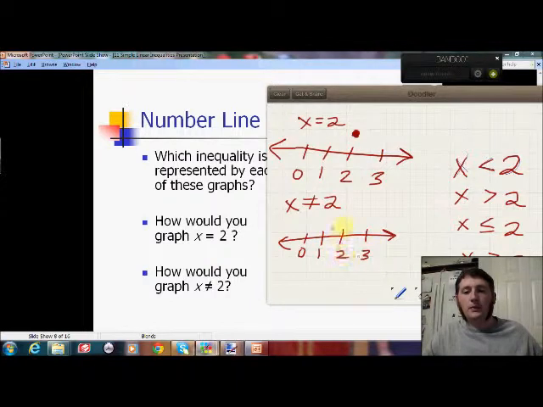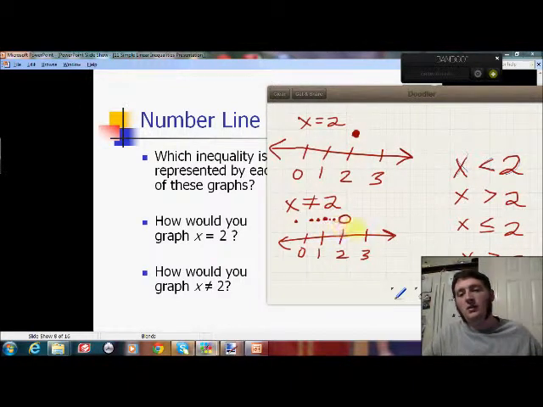Well, we're going to have an open endpoint at 2 because we're not equal to 2. And you know, 1's not equal to 2, and 0's not equal to 2, and negative 1's not equal to 2. And so here's 3 solutions, but so is 1/2, or 1.8, or 1.2.